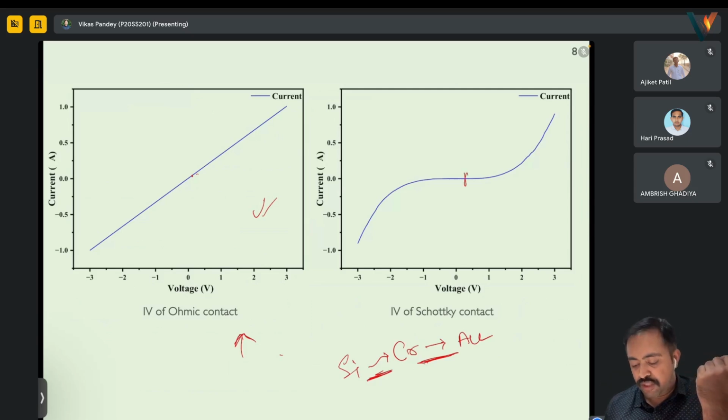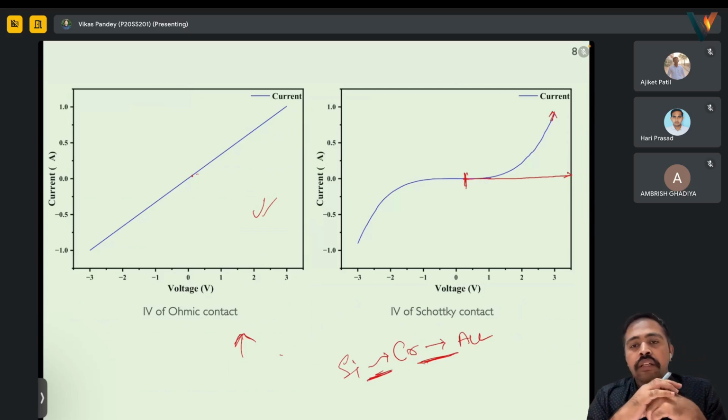It is almost zero for some time, and then at once it increases a lot and the current shoots up. So it is a Schottky contact, where the barrier needs to be broken for conduction to happen. Fine. So how do we achieve these ohmic contacts?